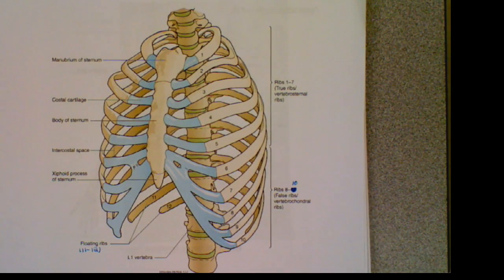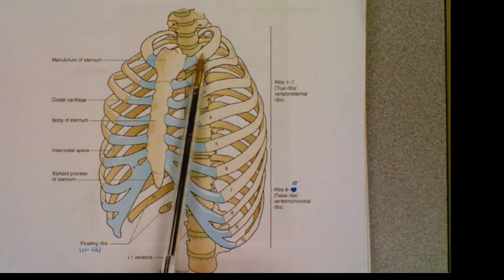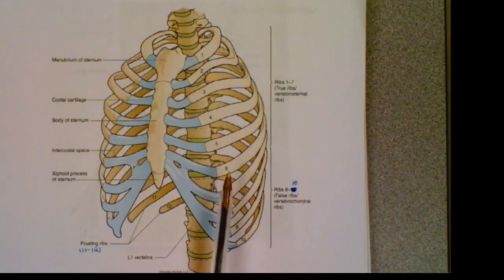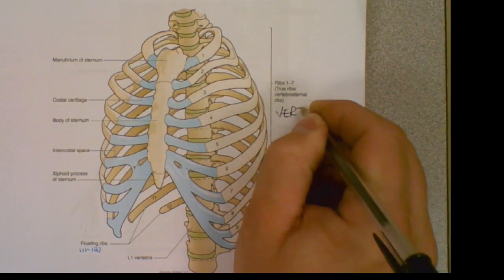All right. The rib pairs 1, starting at the top, 1 through 7, are called vertebrosternal ribs.